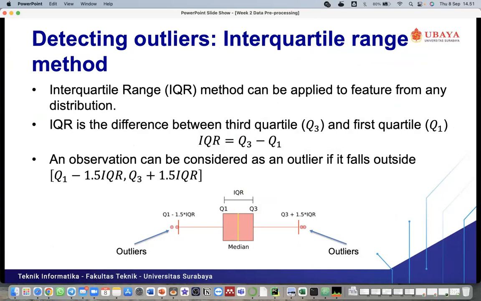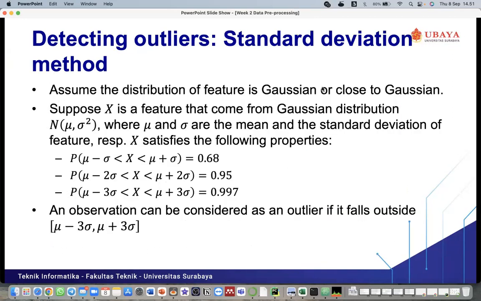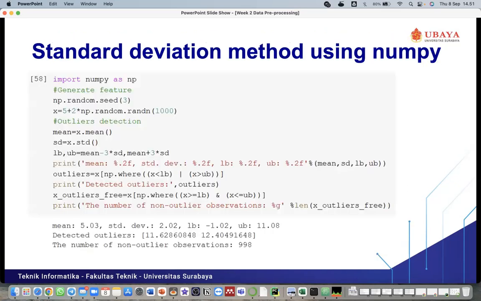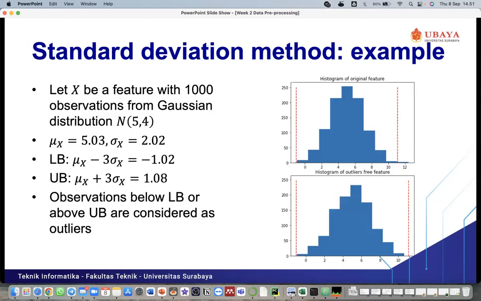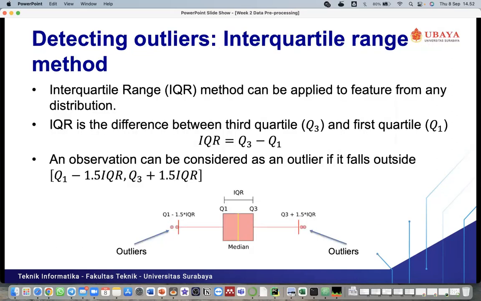If we compare with the standard deviation, that can be applied only if we have a data set with a Gaussian distribution. But if the data set is not Gaussian, so maybe if we draw the histogram, it's not like this. Maybe the mean is not at the center of the histogram, so we need to use the interquartile range.